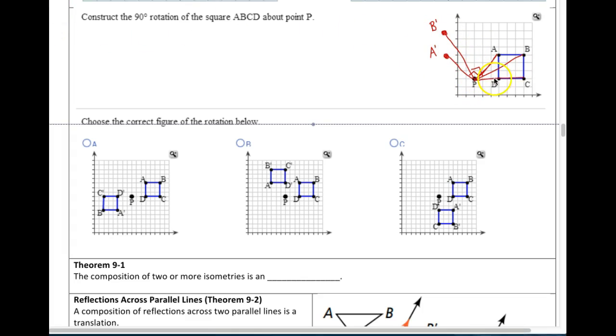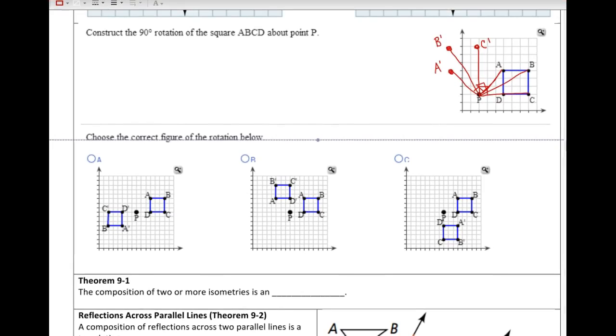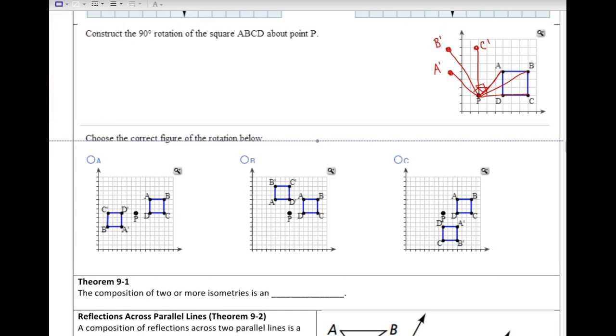Okay. C to P is going to be a horizontal line, so I'm just going to draw a vertical line. So here's my C prime. And you can kind of see from these three points, let me pick a different color. How about blue?